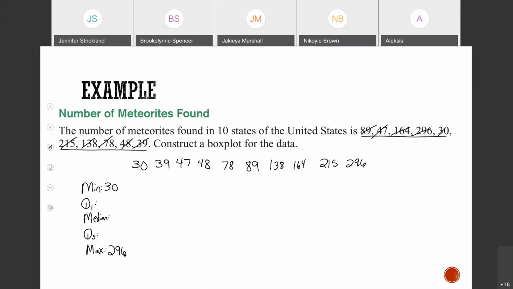All right, do you remember what we found when we talked about the median? Do you guys remember what the median is? The middle number, right, in the list?